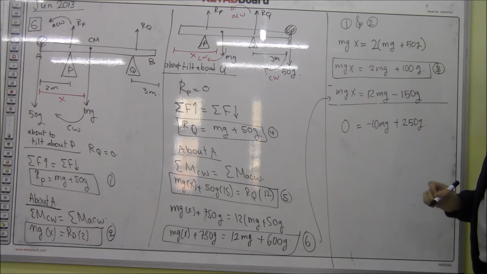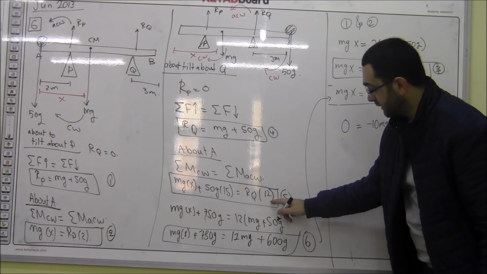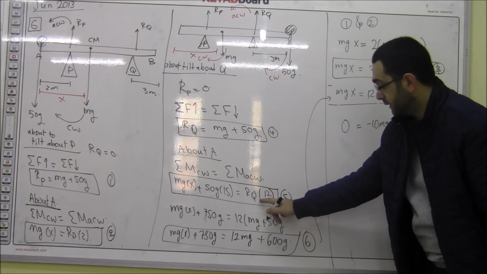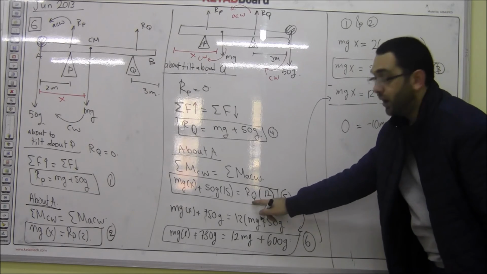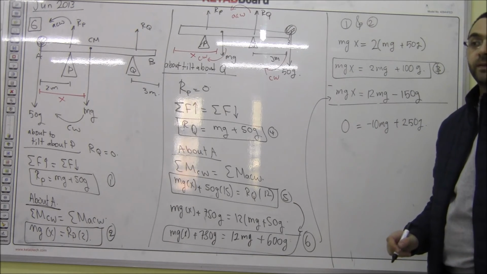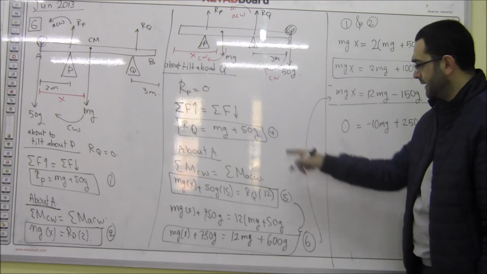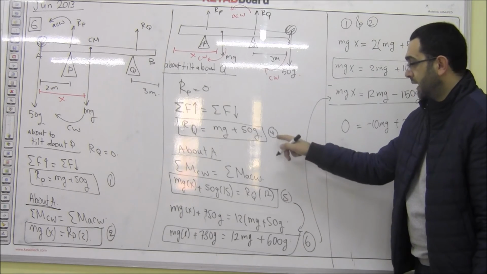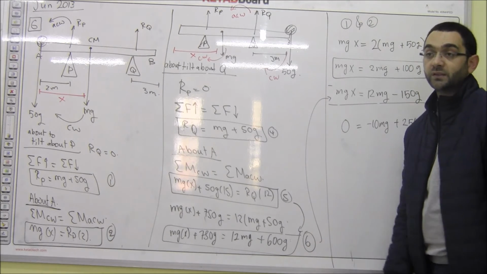What's the difference between equation 5 and 6? Equation 5 and this equation, I substitute, look, instead of RQ here. I substitute RQ from equations 4 and 5, and I will get what? 6.